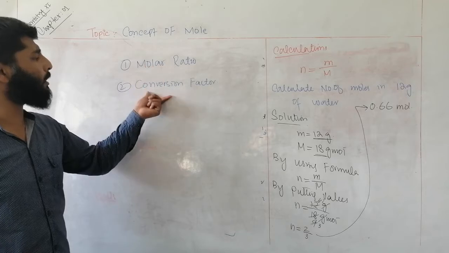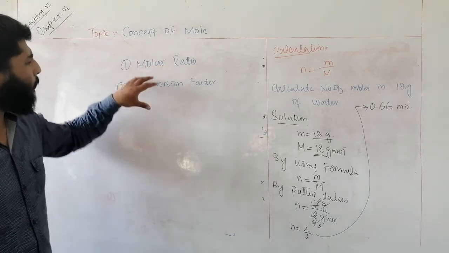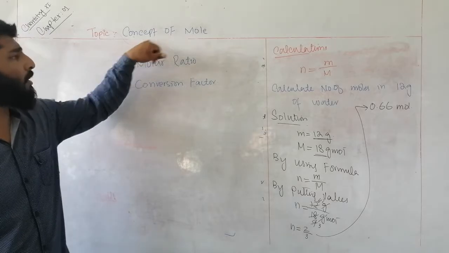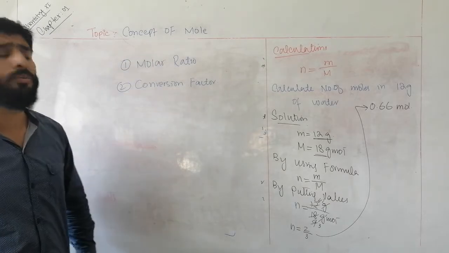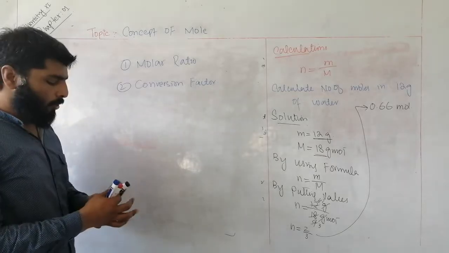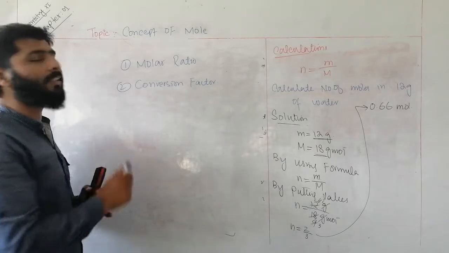These two terminologies are regularly used in order to describe the concept of moles, or in order to perform the stoichiometric calculations. So we have to define and understand these concepts.